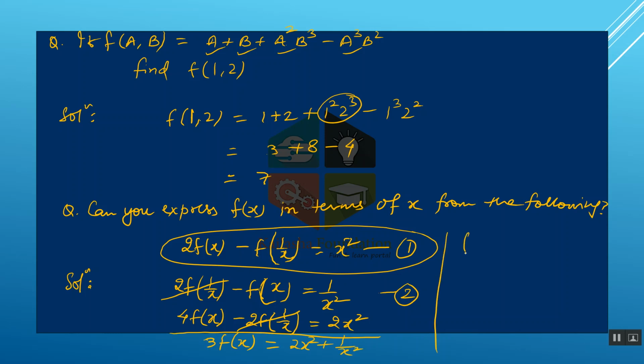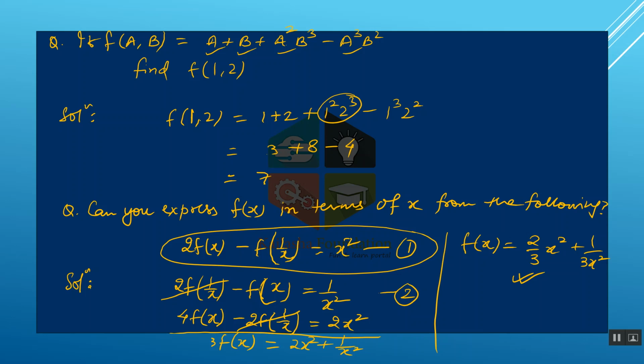Now f(x) will be equal to 2 by 3 x square plus 1 by 3x square. Okay. So yes, we can express f(x) in terms of x. This is our final answer. We have to write a few things, but that is pre-assumed.